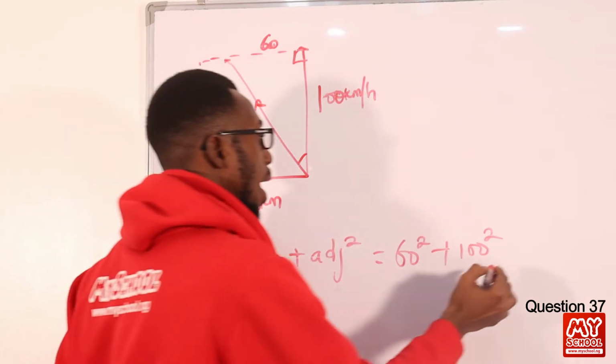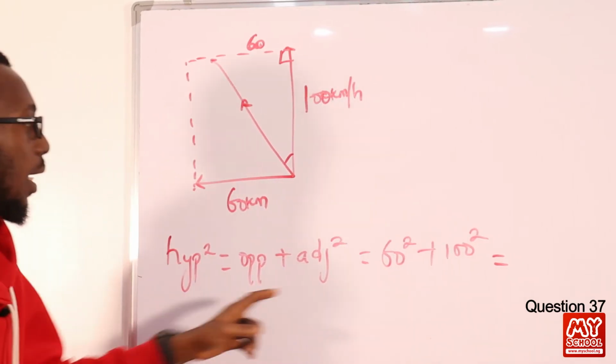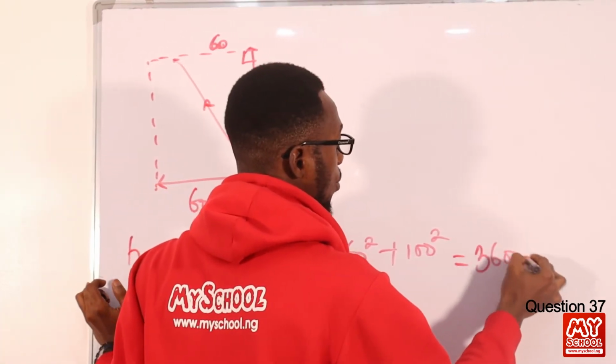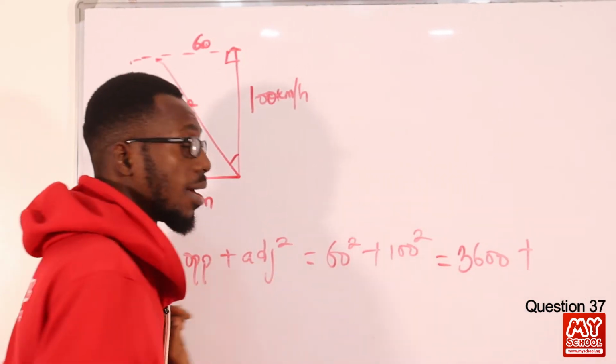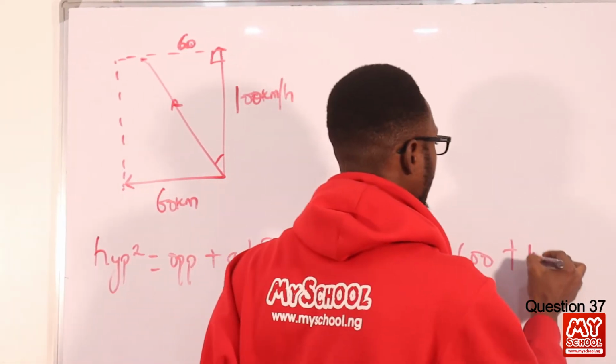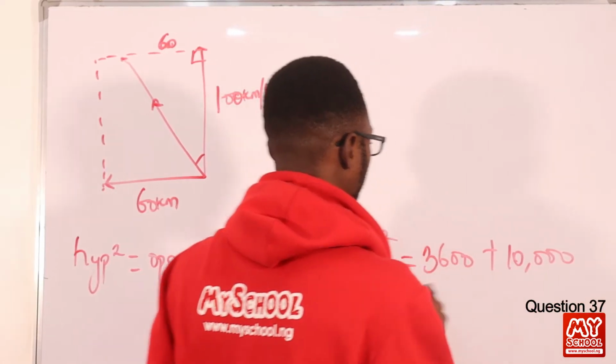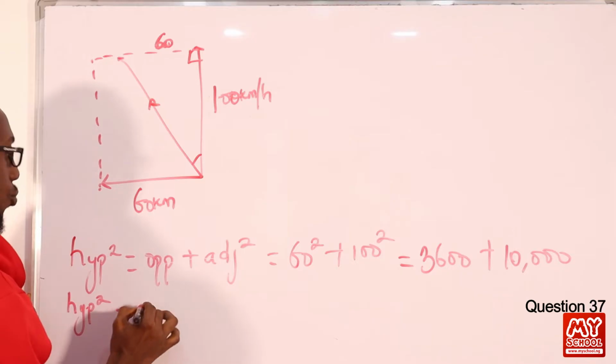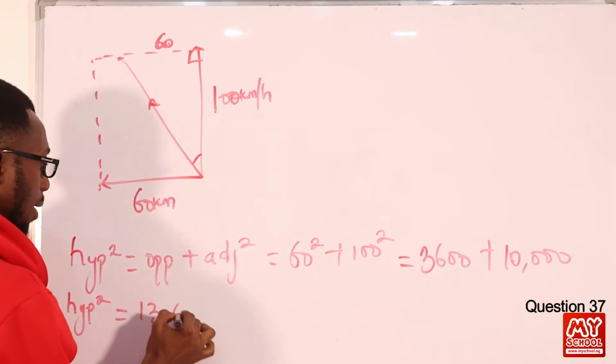So I have 60 square, that is 3600, plus 100 square, that should give me 10,000. So if I add this up, my hypotenuse square should be 13,600.